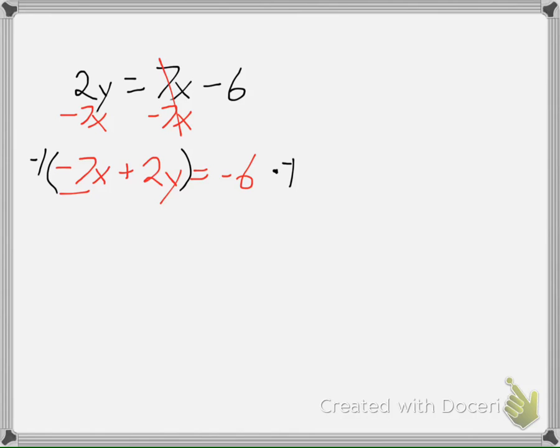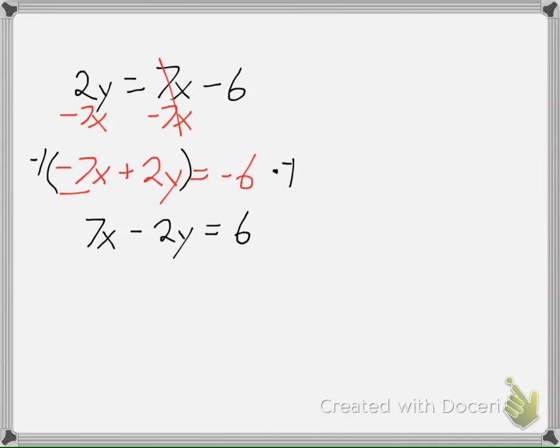This is currently negative 7x, so it will become positive 7x. It's currently plus 2y, so it will become minus 2y, right? And then on the other side, it's negative 6, so that will make it positive 6. So essentially, all your signs are going to change. And now we have standard form.